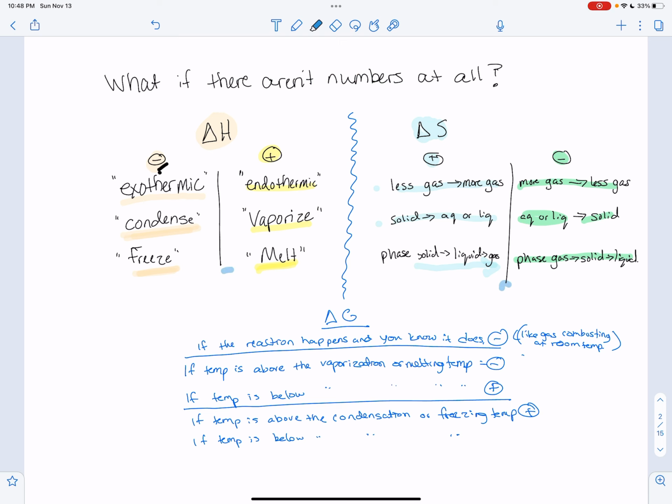If a reaction is said to happen, and you already know that it does, like breathing, you know that at your internal temperature, 98.6, whatever it is, your body can attach oxygen to hemoglobin and move it on down. You know it does it at that temperature.